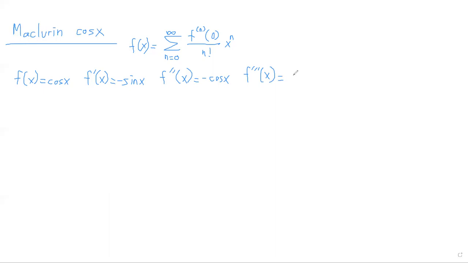It's back to sine x, because the derivative of negative cos x is sine x.